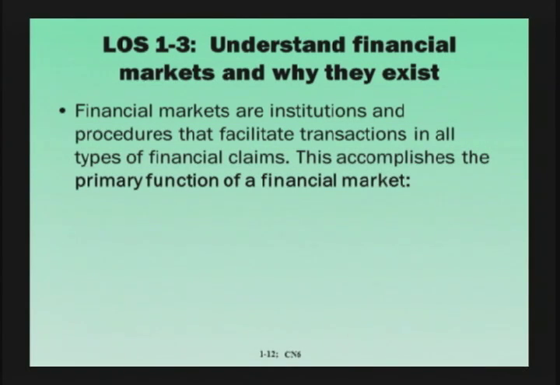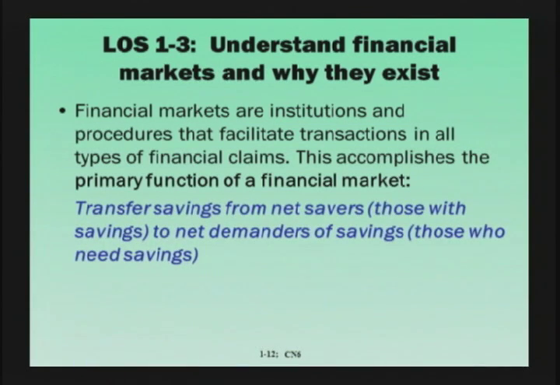All these players come together to establish the financial markets. And the primary function of a financial market is simply to transfer savings from those who have it to those who need the savings. Financial markets exist to move savings from those who have it to those who need it.